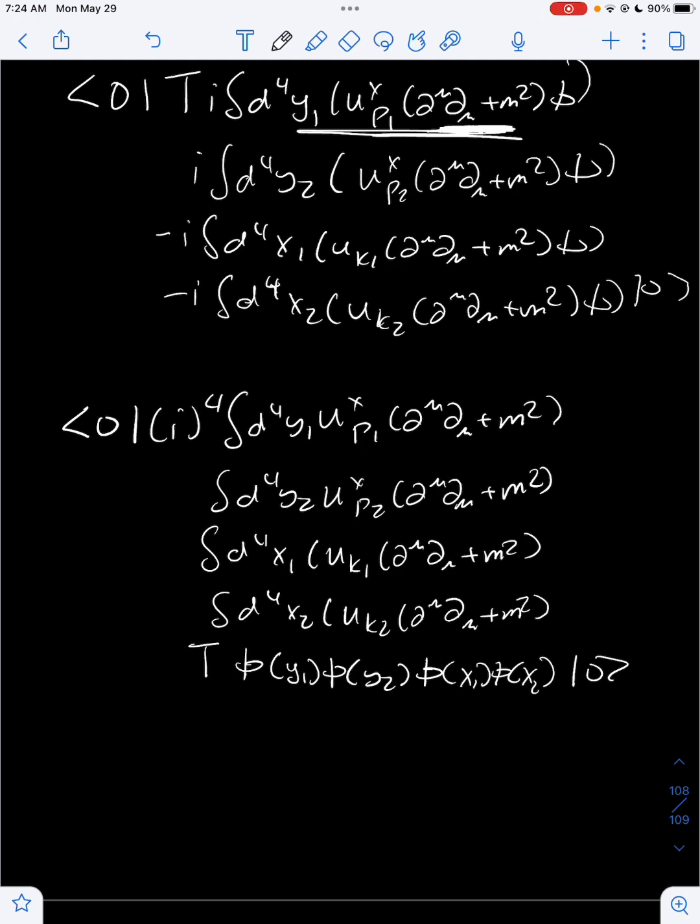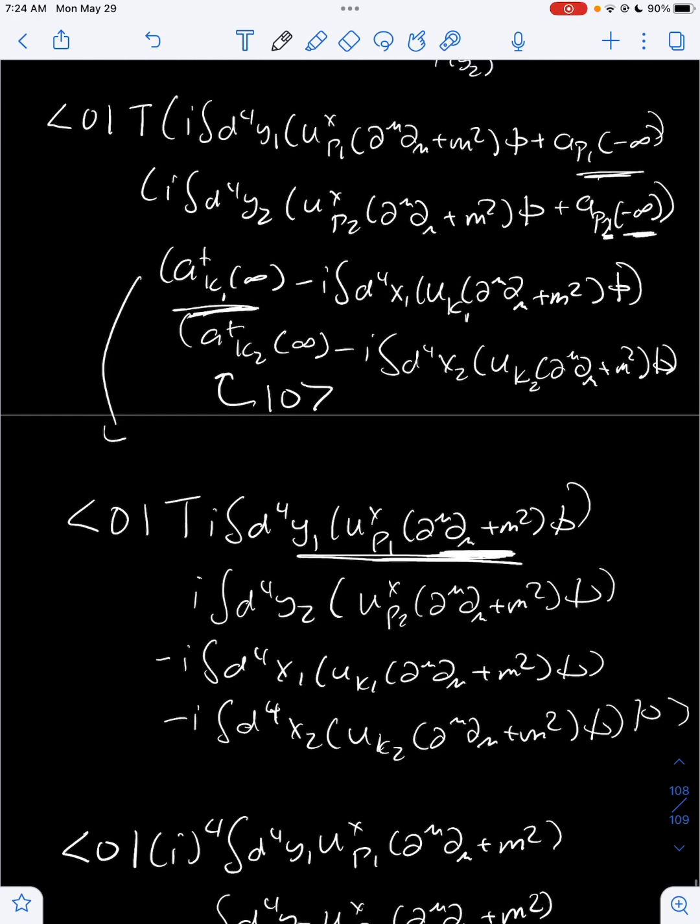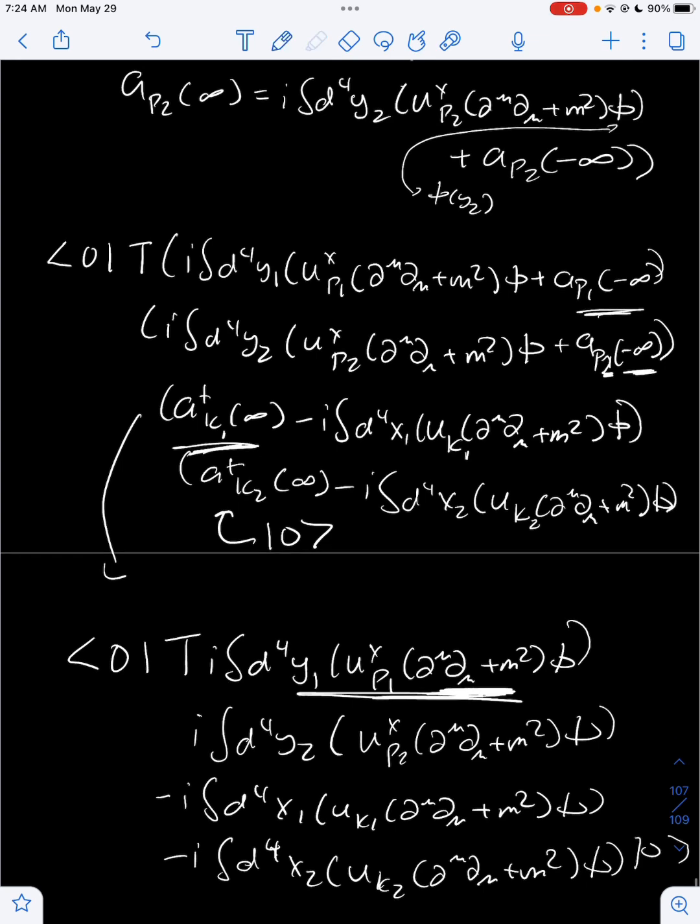So why are we using x1, x2, y1, y2? Why are we doing that? Well, think about it this way. We used this formula over here, a of k1, right? And since we're using a of k1, we should use d to the 4 x1 as well to specify that this is for the first particle, the particle that we label as the first one.